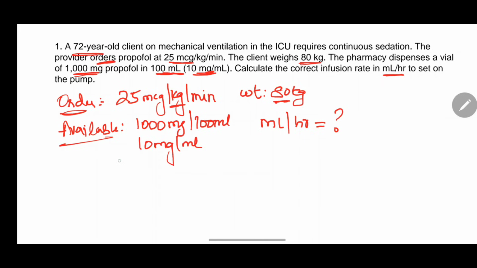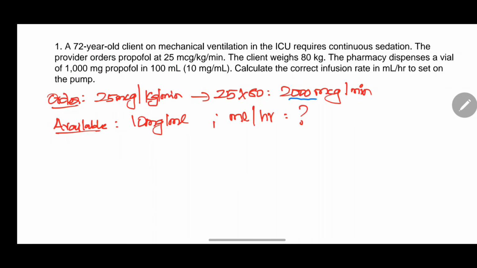So here we have 2000 microgram and here milligram. These variations should not be there when we calculate. So we have to convert microgram into milligram first, so both the units should be the same. How will you convert microgram to milligram? 1 milligram is equal to 1000 microgram, so we have to divide it by 1000.